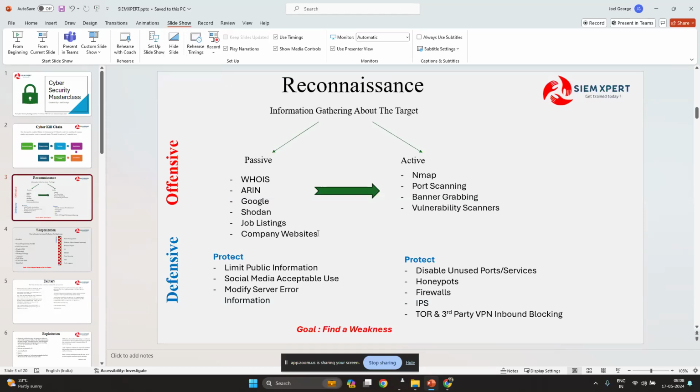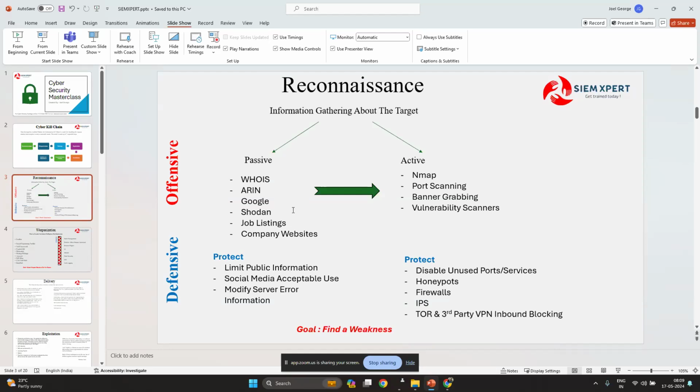If you're targeting a specific company, you're going to see their job listings, what kind of infrastructure they have based on their job listings, and information out on Google, plus the domain details. That is something you can pivot off through passive recon.